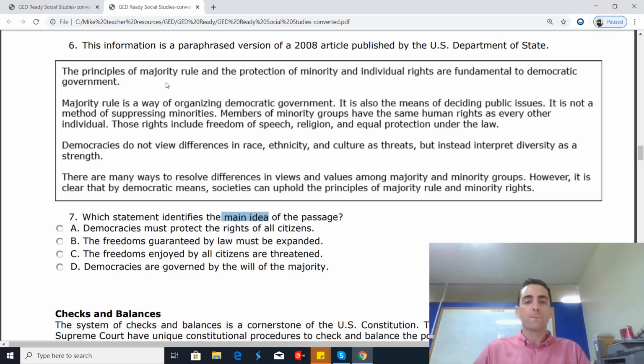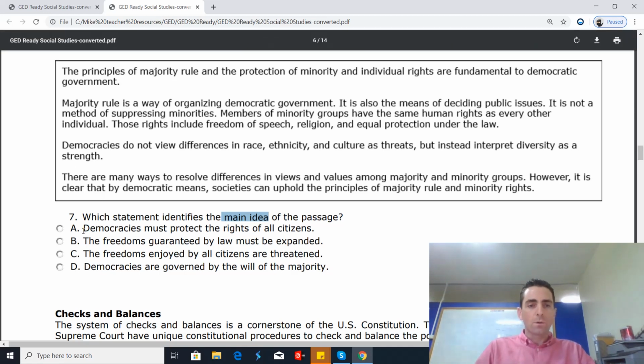Democracies do not view differences in race, ethnicity, and culture as threats, but instead interpret diversity as strength. There are many ways to resolve differences in views and values among majority and minority groups. However, it is clear that by democratic means, societies can uphold the principles of majority rule and minority rights.